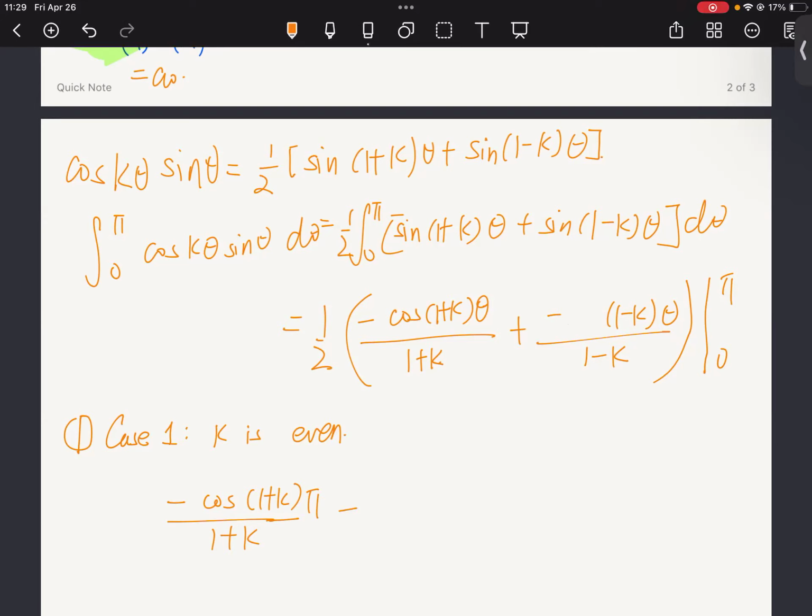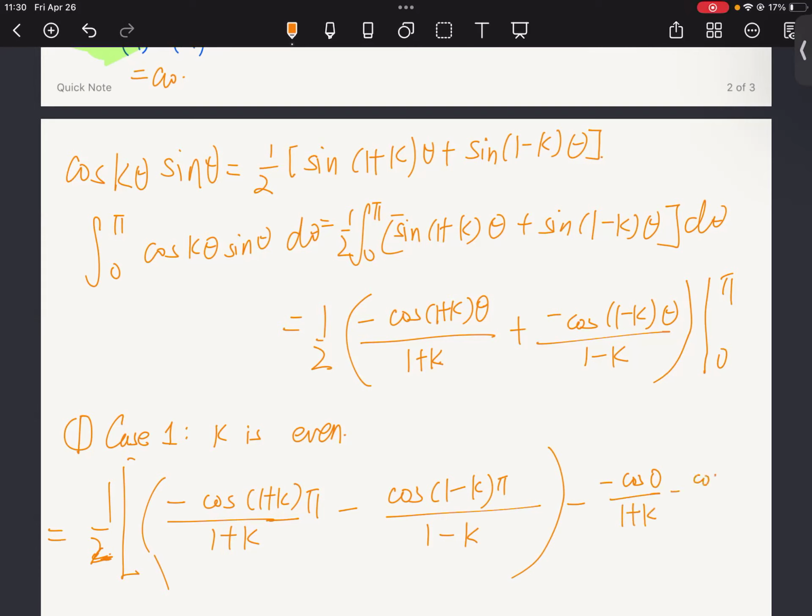It should be negative cosine (1 plus k) pi over 1 plus k, minus cosine (1 minus k) pi over 1 minus k, and then times 1/2. There's a 1/2 coefficient, never forget this one. And then another thing is to evaluate at 0, and it should be negative cosine 0 over 1 plus k, minus cosine 0 over 1 minus k.